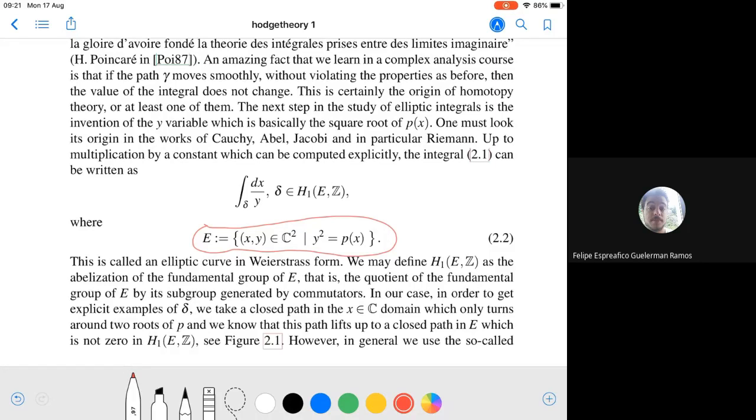So maybe I draw again our path of integration. T1, T2, and then there was a path from T1 to T2.